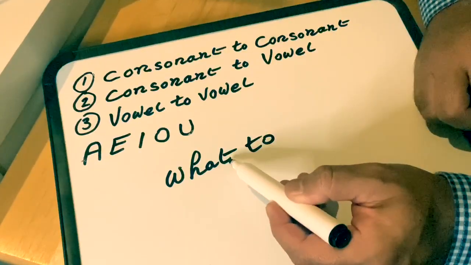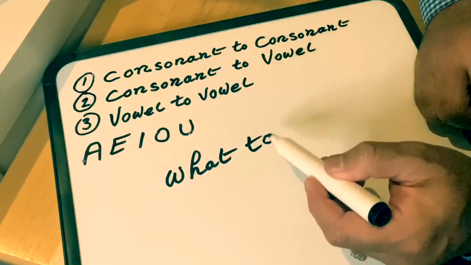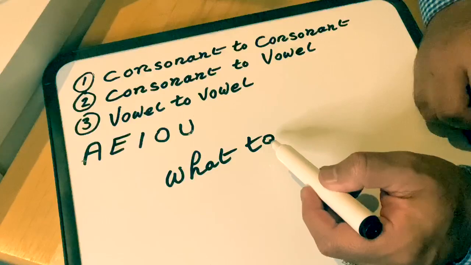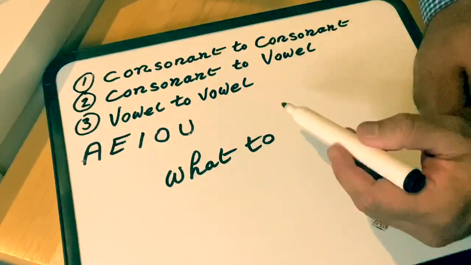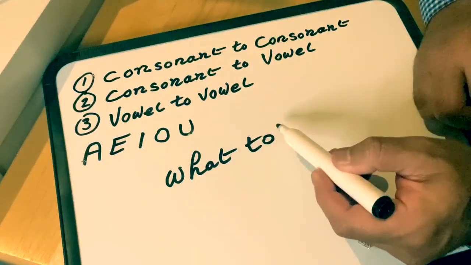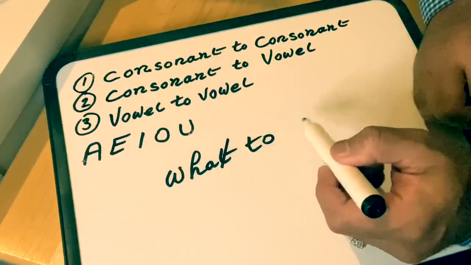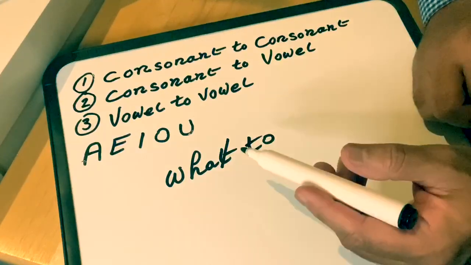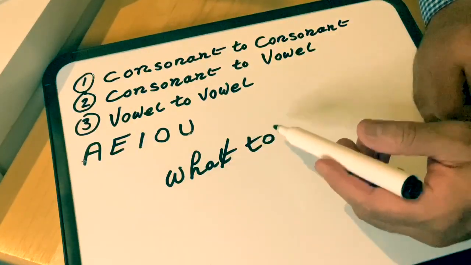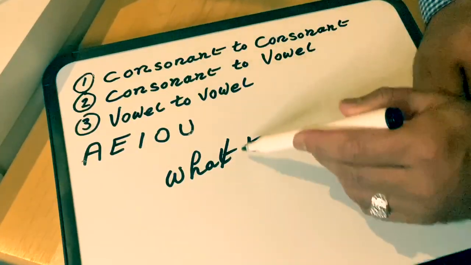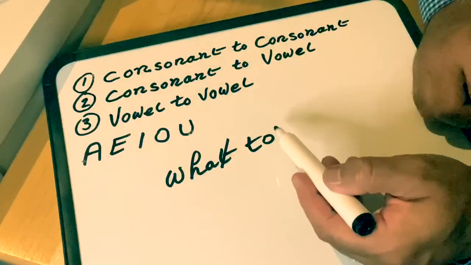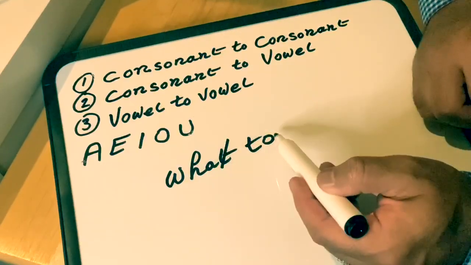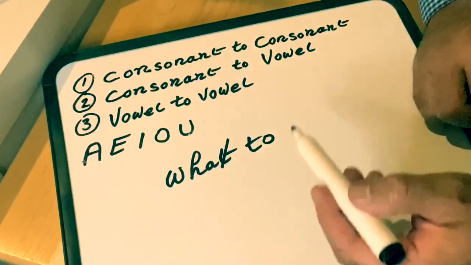The first word ends with a consonant and the second word starts with a consonant, and both have the same sound, which means that instead of saying what to, you delete one and you say what to, what to. Because to say what to separately becomes difficult and there's going to be a pause. What you're trying to do is link and take one sound off. So it becomes one.